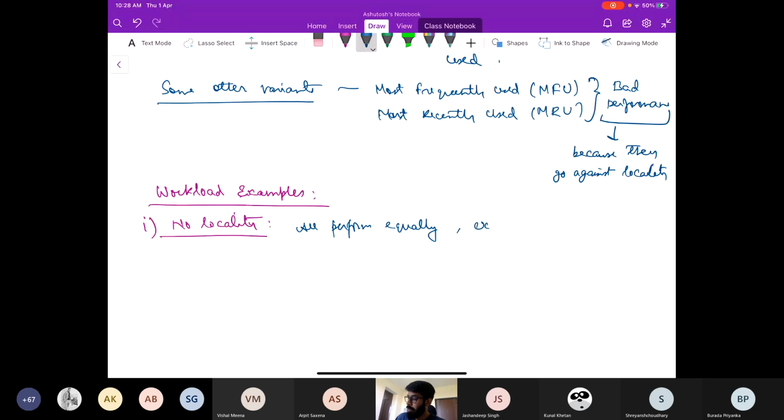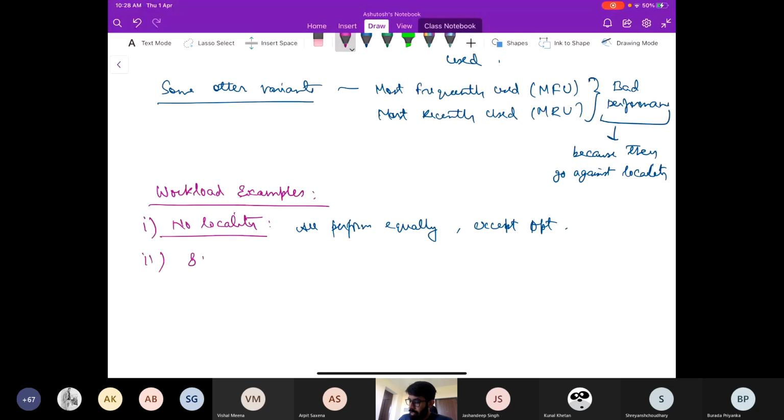Except of course optimal, because it can see the future, right? This is not very surprising: you are giving some pages importance, but the program itself does not care about the importance of pages, so it is not going to give you any advantage.